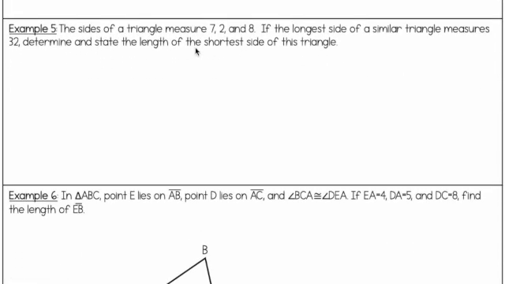So question 5. The sides of a triangle measure 7, 2, and 8. The largest side of a similar triangle measures 32. State the length of the shortest side of the triangle.